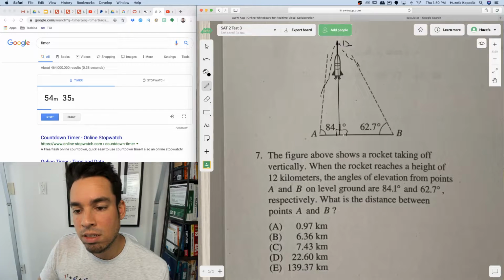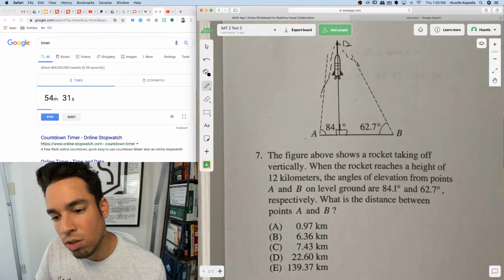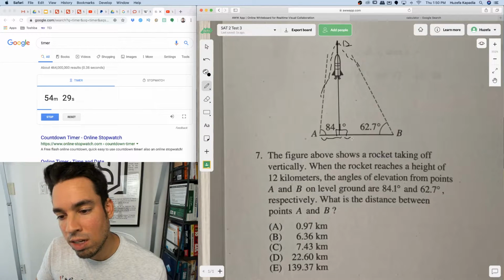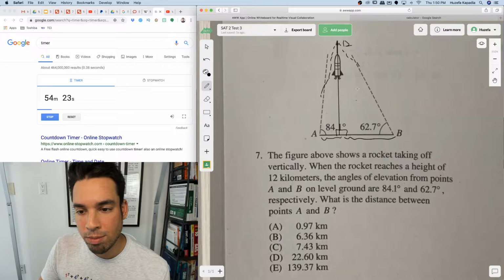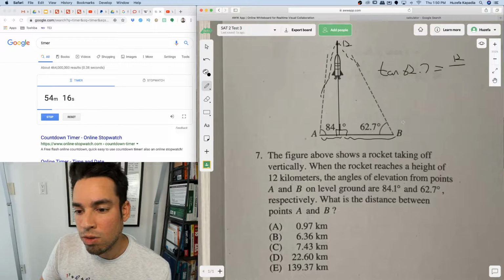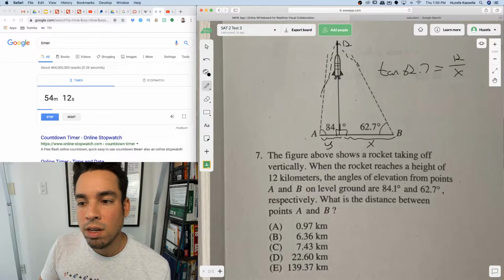So this is 90, this is 90, and then we got these two right triangles, and this is a height of 12. And then I need to know this distance and this distance. So we're going to use tangent for both, opposite over adjacent. So tangent of 62.7 equals opposite, which is 12, over adjacent, which is this value, and I'll call this x.